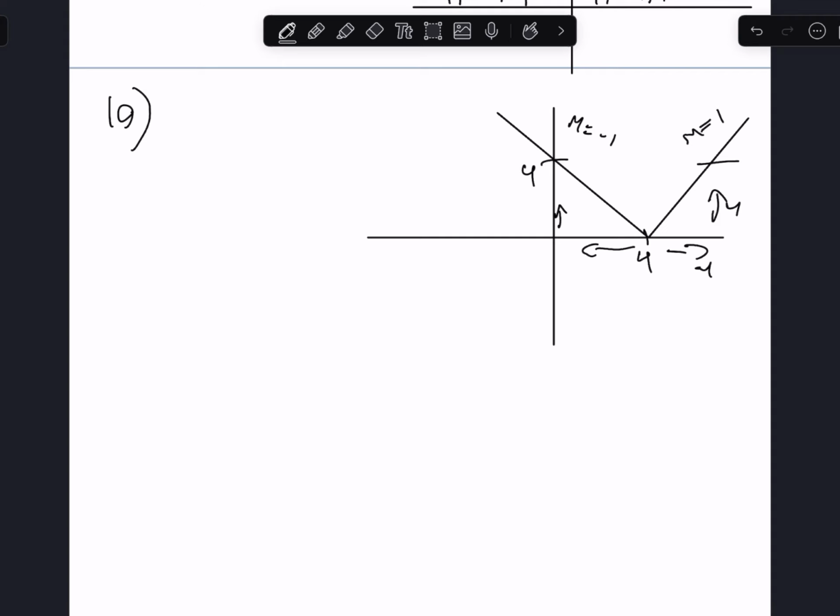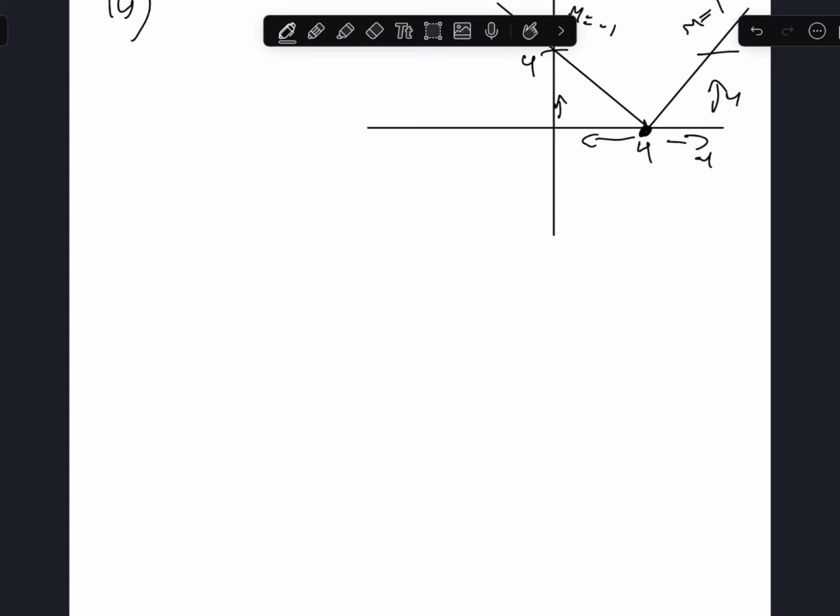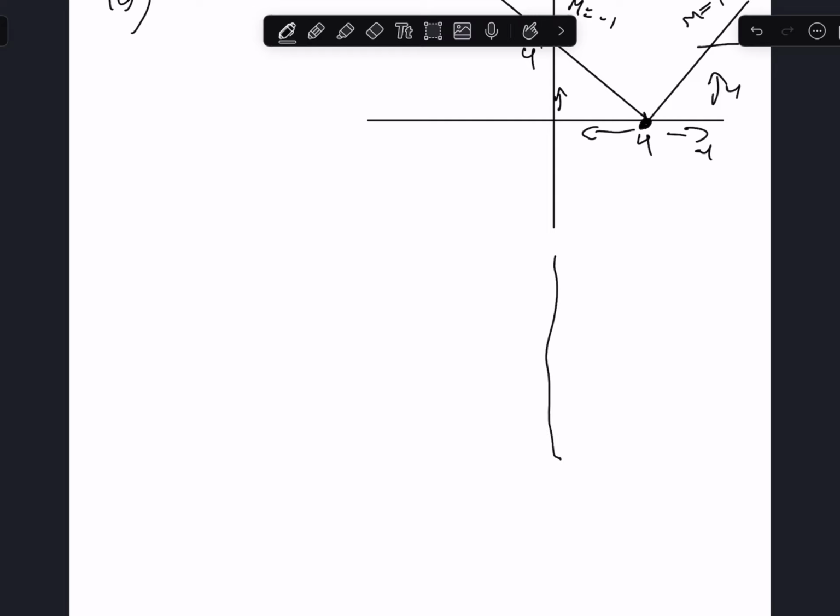Now that we've identified our slopes and we know that our point 4 is going to be constant, we're going to draw the second graph of f prime of x.